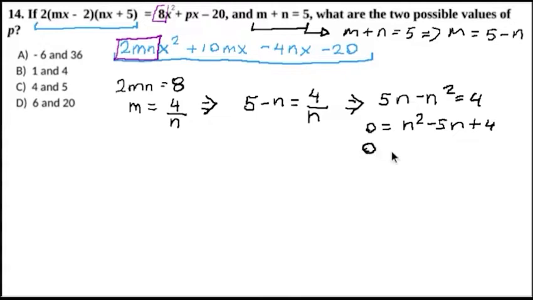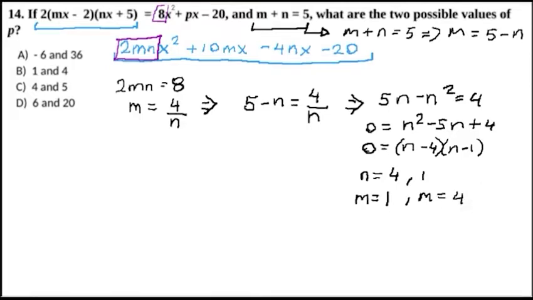If we factorize this, we will get n minus 4 multiplied by n minus 1. So the two values of n will become 4 or 1. So when n is equal to 4, remember n plus m is equal to 5, so m is equal to 1. And when n is equal to 1, m is equal to 4.